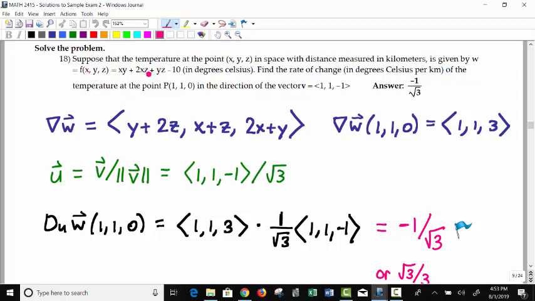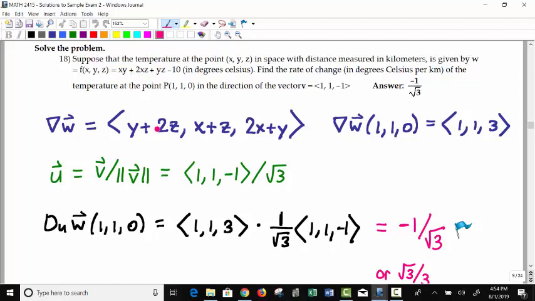So here's our function, which means we're going to need the gradient. It's actually named W, that's why I'm using W, but that's not critical. The partial derivative with respect to x: there are two y terms, so x will be 1, with the derivative.